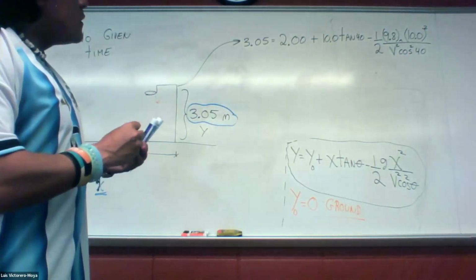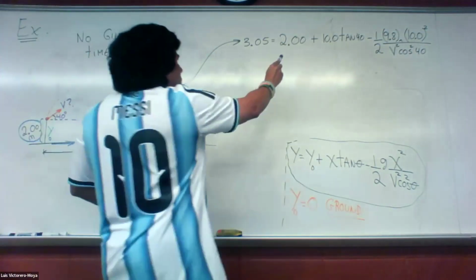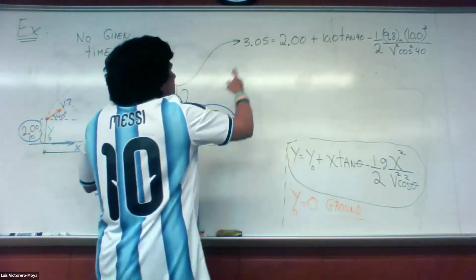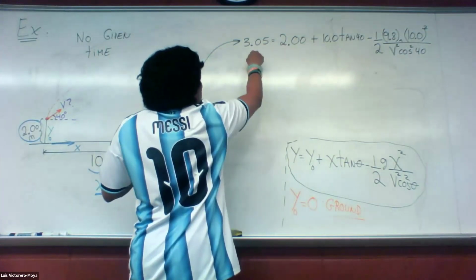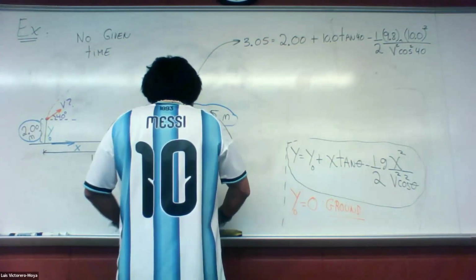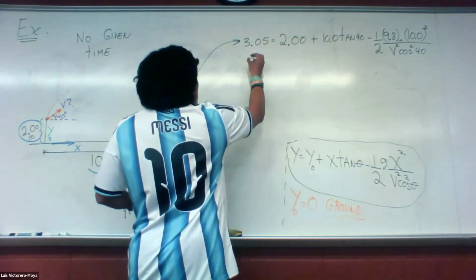So you want to get numbers here. Well, you have a number here and here. So let's start by subtracting 3.05 minus 2. That is 1.05.